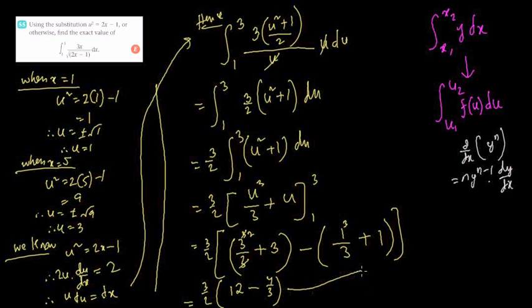So that would be, let me do it here, 3 twelves are 36, 36 minus 4 is 32 by 3, so 3 by 2 into 32 by 3, this 3 and this 3 cancel, 2 into 16 is 32, so the integral is 16.